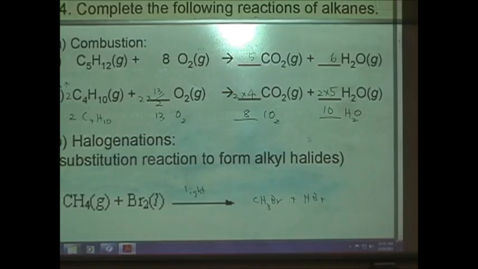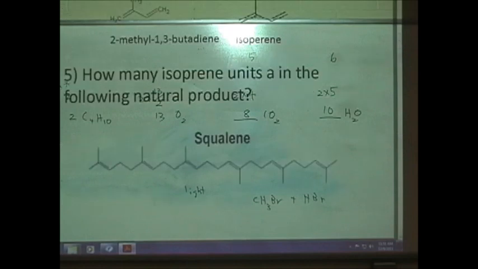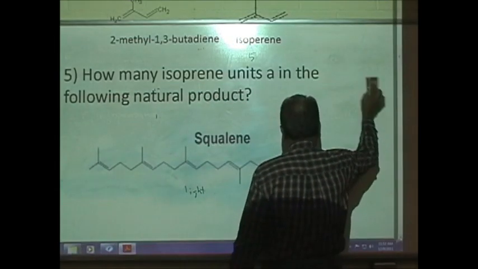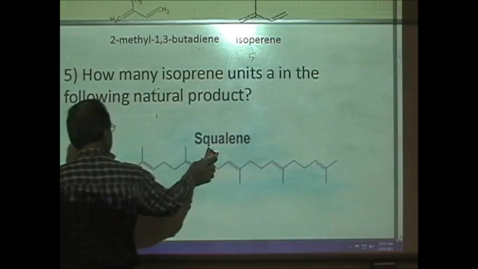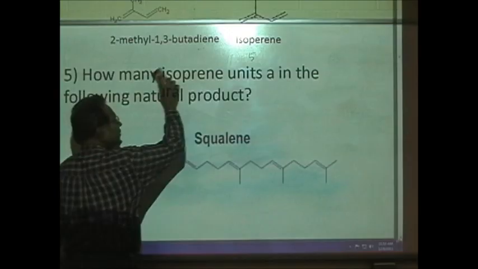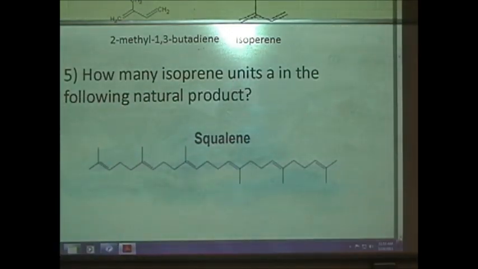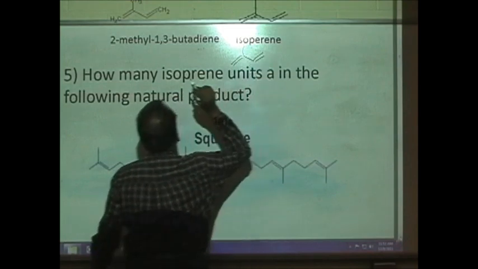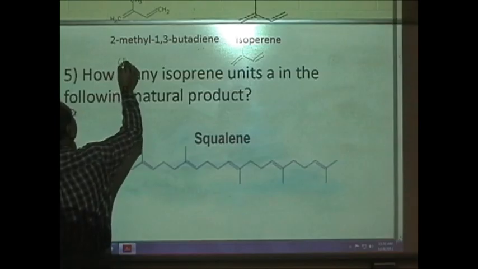Like pheromones, we talked about pheromones the other day. They contain double bonds in the structure that create properties that attract other insects. Right. Okay, this unit is called isoprene. I'm going to talk about this isoprene unit. It is like this.